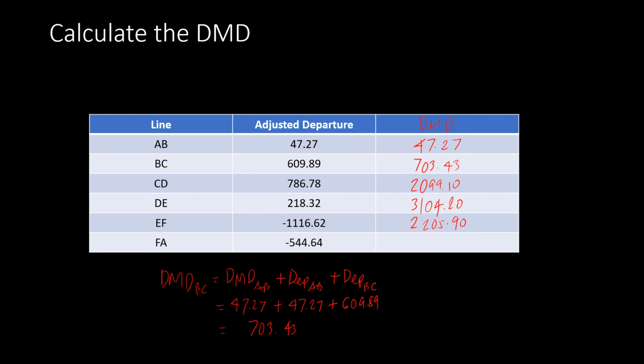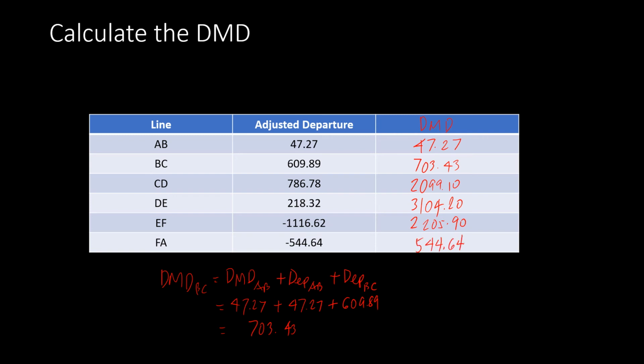And finally, for line FA, the DMD of FA will be equal to the DMD of EF, 2205.90, plus the departure of EF, negative 1116.62, plus the departure of FA, negative 544.64, and that should give us 544.64.